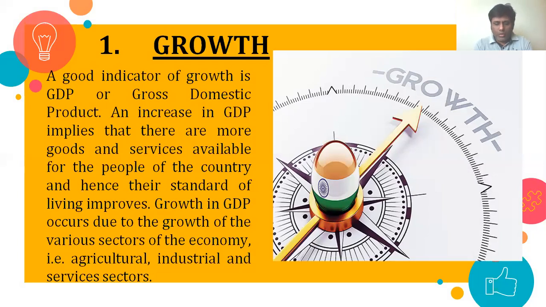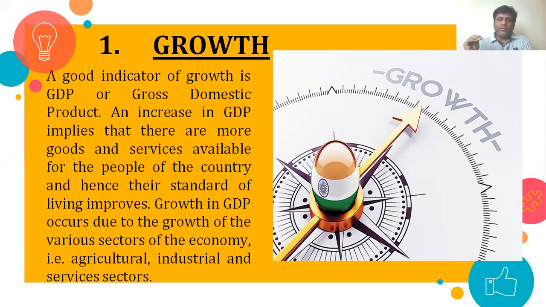Number one is growth. Growth means growth in the GDP. Our GDP comprises three main sectors: primary, secondary, and tertiary. Primary consists of agriculture and allied activities. Secondary consists of industries and manufacturing, and tertiary consists of services. If there is growth in these three sectors, only then will there be growth in the GDP.